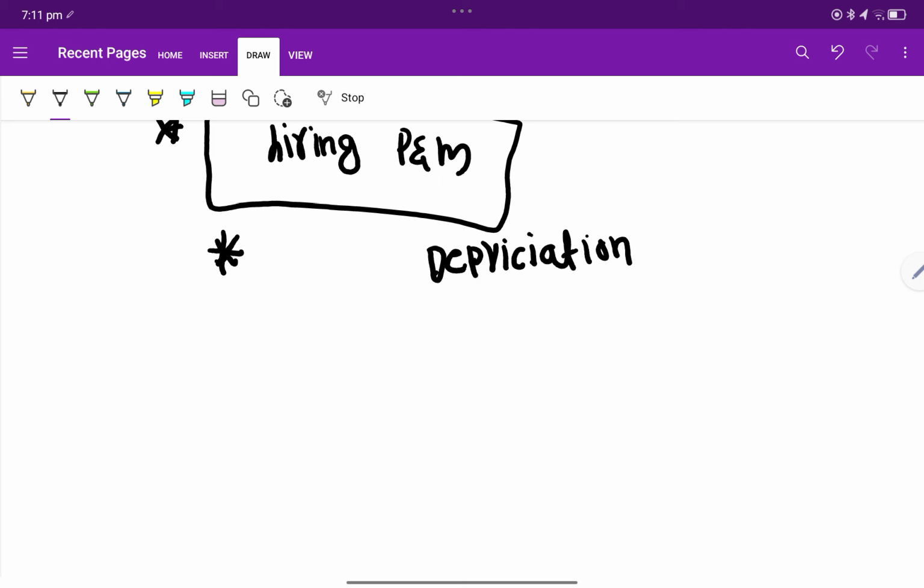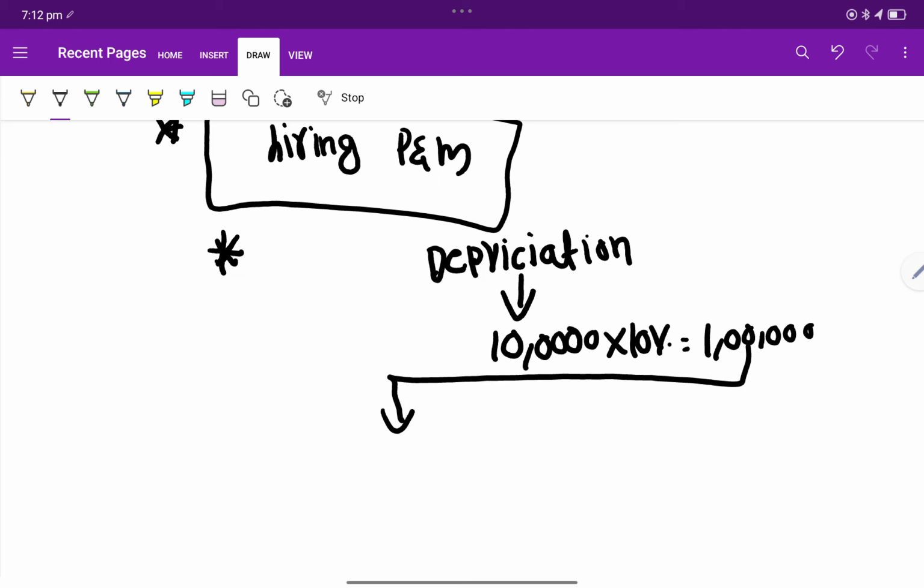In the question they may give that, suppose the cost of a plant and machinery is 10 lakh rupees and the depreciation rate is 10%. So how much will the depreciation come to? 1 lakh rupees. So in the question they may say that out of 12 months, only 9 months we have used that machine and 3 months we have not used that machine.